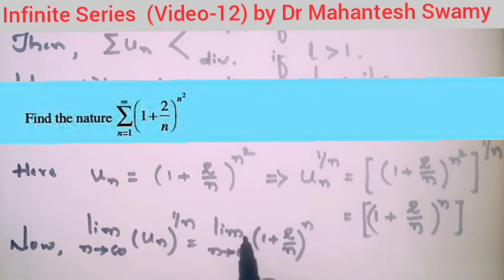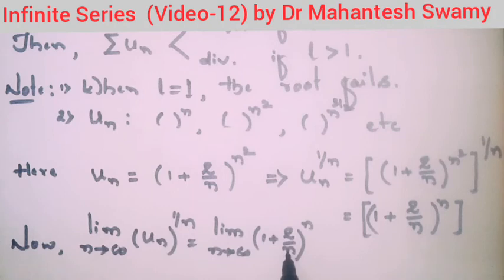This is again one of the standard limits: 1 plus x by n whole to the power n, as n tending to infinity, is e to the power x. Here in place of x we have 2, therefore it is e to the power 2. Since the value of e is 2.71828 and so on, an irrational number, whole to the power 2, it will obviously be a number greater than 1.